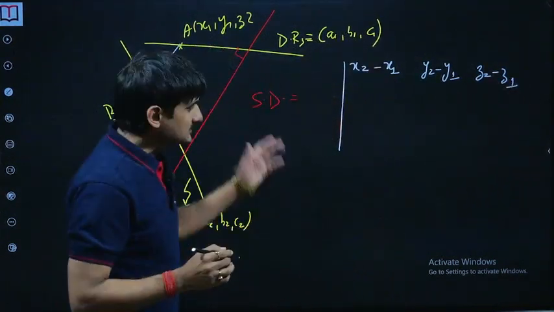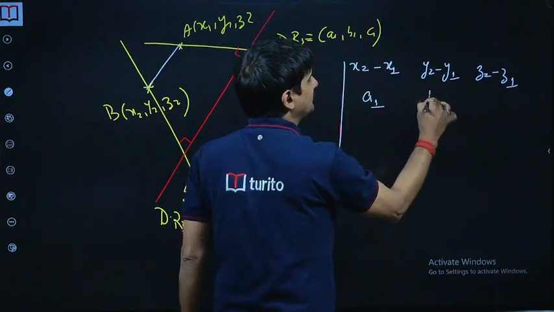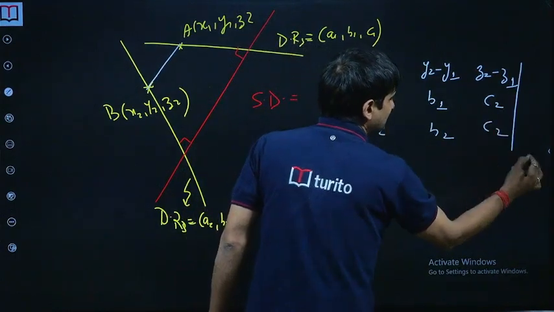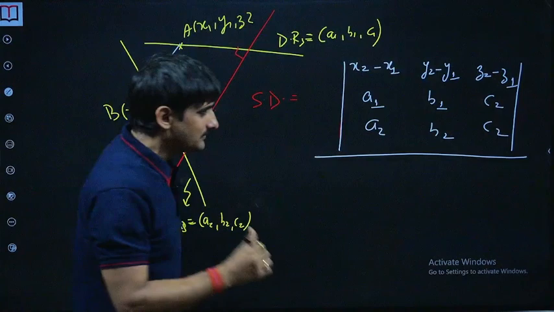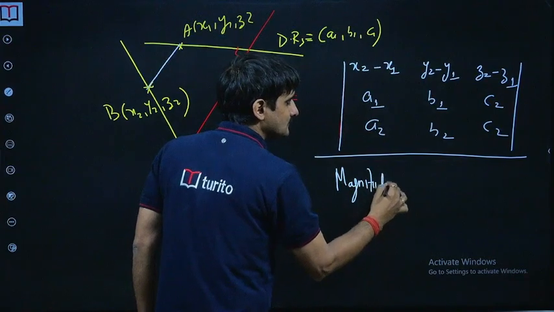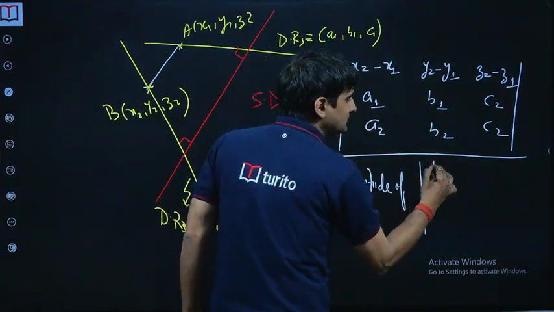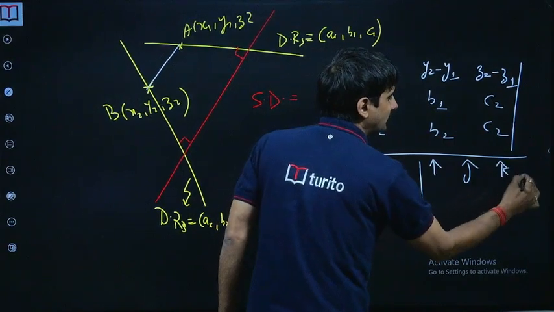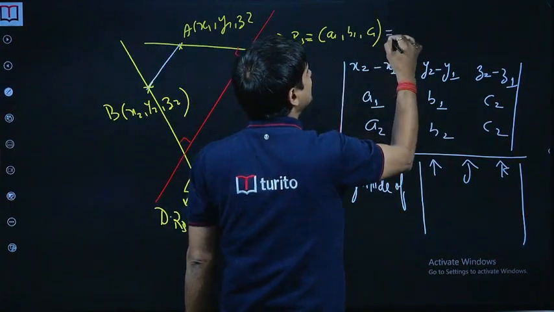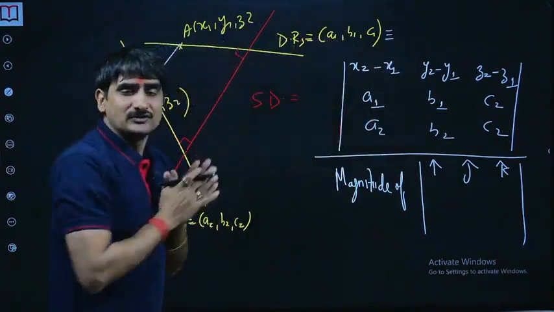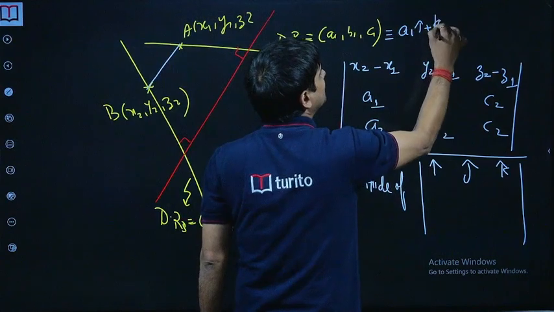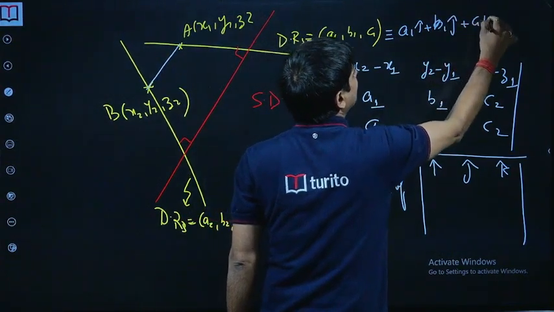And then DRs of one of the lines (a1, b1, c1) and DRs of another line (a2, b2, c2), that forms the determinant, which forms the numerator, and in the denominator it is the magnitude of the vector which you get as the cross product of the direction vectors of these two lines. So if these are the DRs of the lines, then its direction vector will be a1 i cap plus b1 j cap plus c1 k cap.